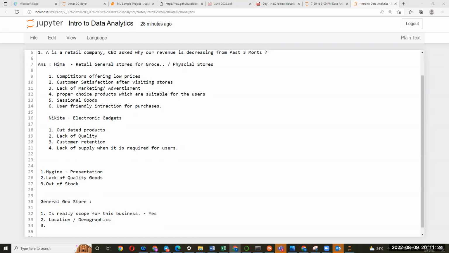So you need to check what type of groceries are required in that particular location. We already discussed previously what type of groceries are required, and the data at that particular place. What is the requirement of the people there? Okay, that is a very important thing.